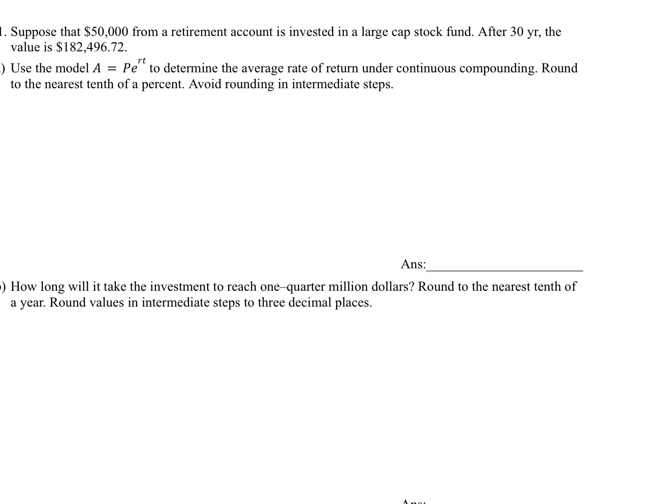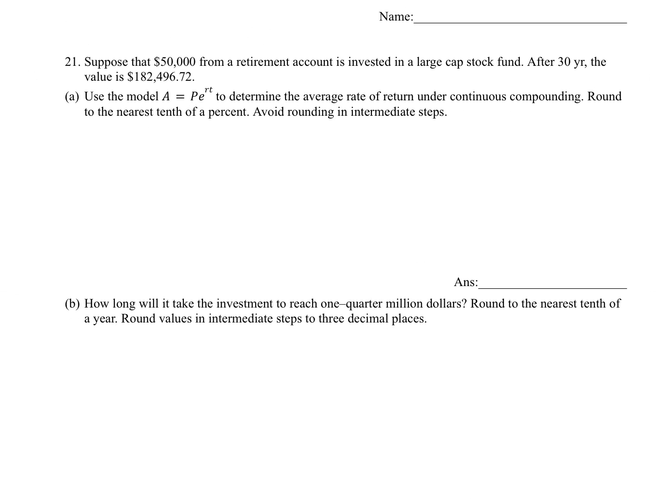So when I substitute everything in, I'm going to have this number, which is 182,496.72, is equal to my original $50,000, my principal, times e to the r times 30, because it's 30 years. All right, so what I'm going to do is now divide both sides by 50,000.